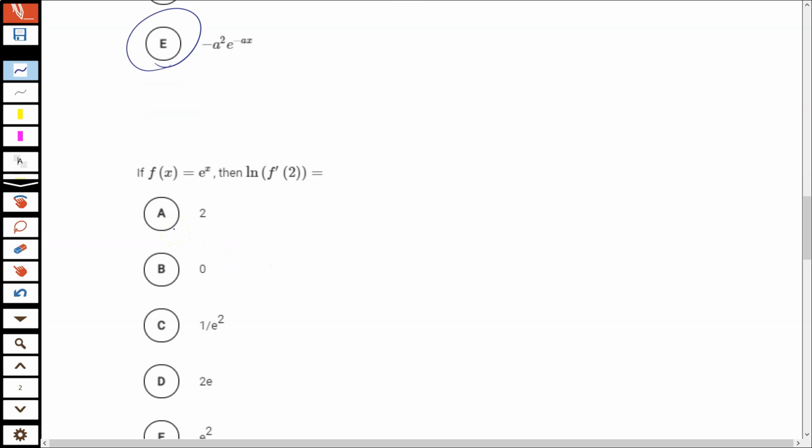For this one, ln of f prime of 2: f prime of x is just e to the x, so f prime of 2 is going to be e squared. So really this is asking us, if we plug this in, ln of e squared.